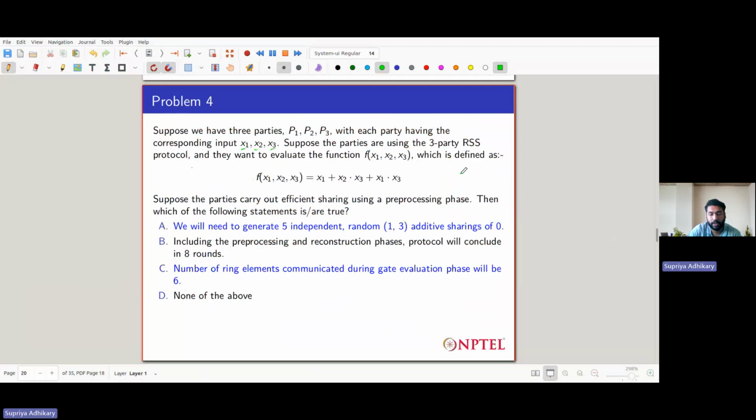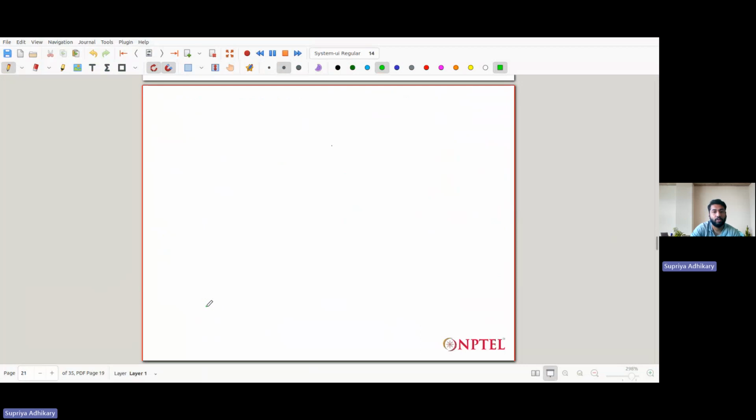RSS means the replicated secret sharing scheme. Using that protocol, the parties want to compute the function f(x), which is defined as this. Suppose the parties carry out this efficient sharing using a pre-processing phase, then which of the following statements are true? Before looking at the statements, let's look at how this RSS protocol works.